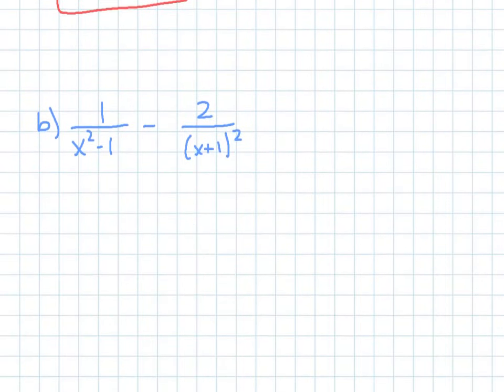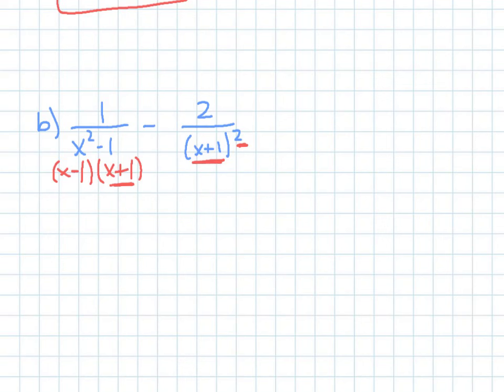Now here, some denominators may have stuff in common, so let's factor this denominator on the left. So x squared minus 1 is a difference of squares, so we get x minus 1 and x plus 1. Okay, now notice that there's 2 x plus 1's on the right one, and we got 1 on the left.